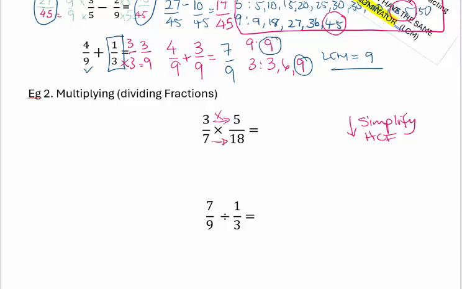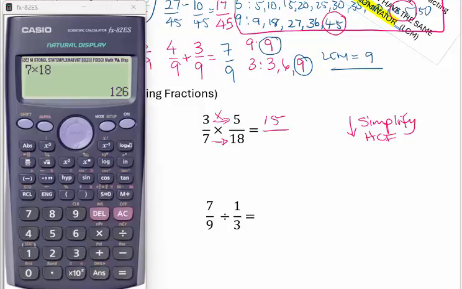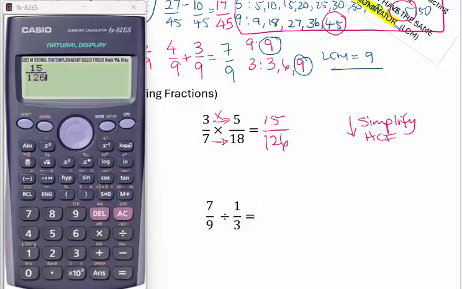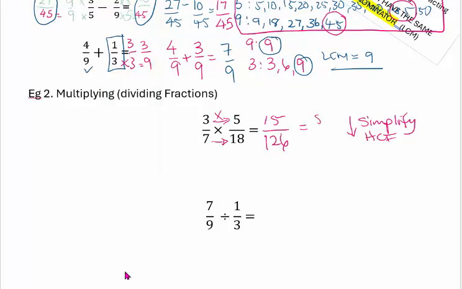So 3 times 5 is 15, 7 times 18, don't know, so that equals 126. If you put it into your calculator like that, it will simplify it for you. It equals 5 on 42.